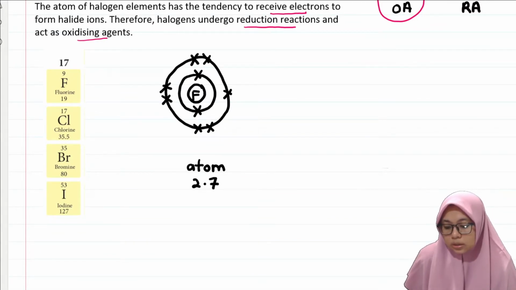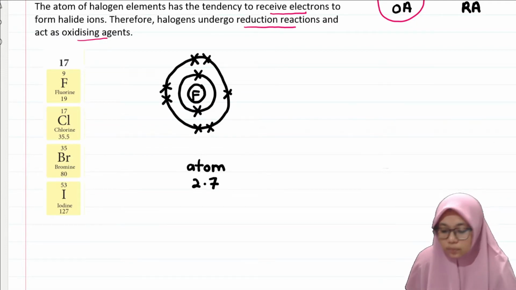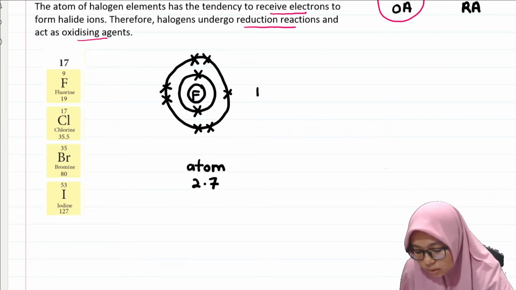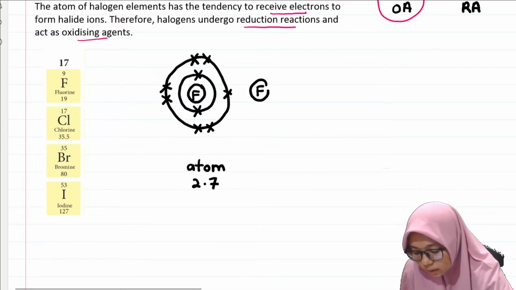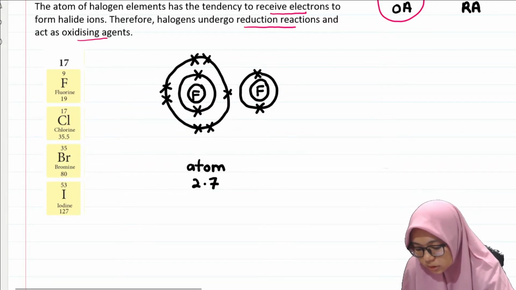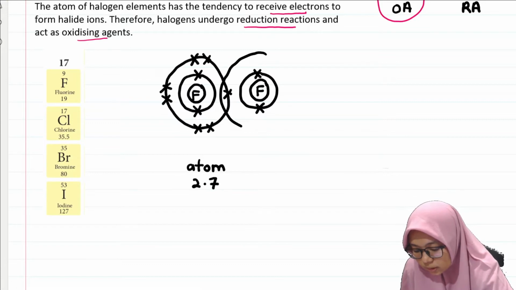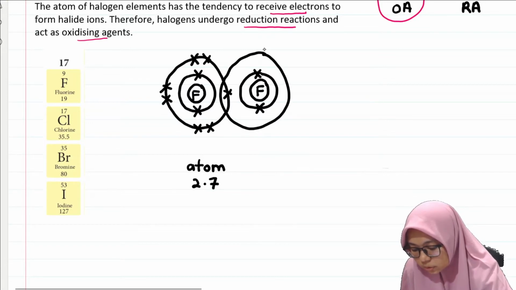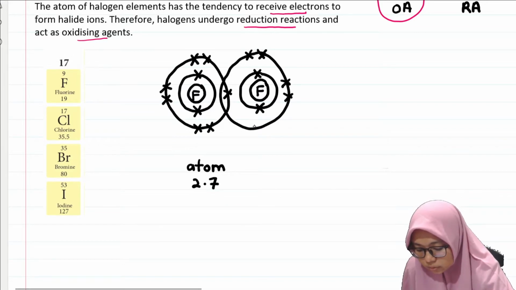So what the atom will do is share its valence electron with another fluorine atom and form a fluorine molecule. So you have another fluorine atom with the same electron arrangement, and it will share its valence electron to form a fluorine molecule.